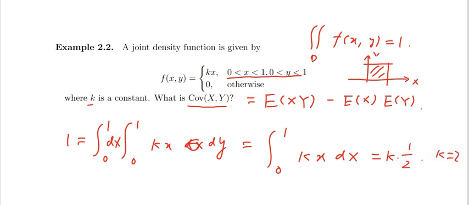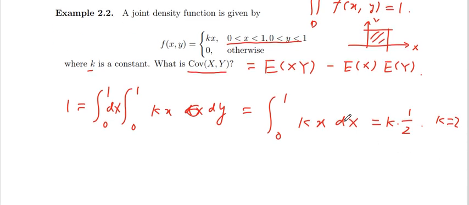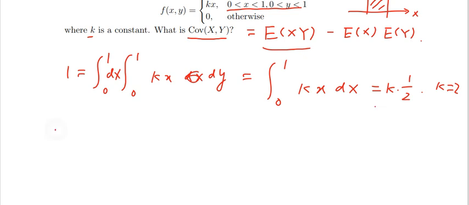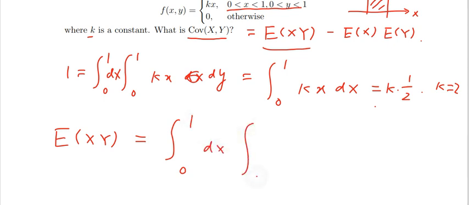Okay. So if k equals 2, then what is E[X Y]? Just according to the definition, the integration x from 0 to 1, y from 0 to 1, x times y times the density function 2x, dx dy, right?